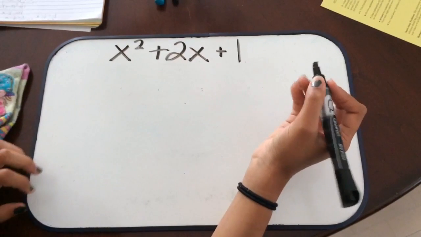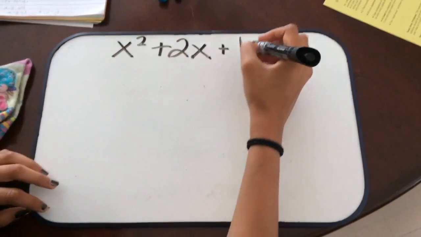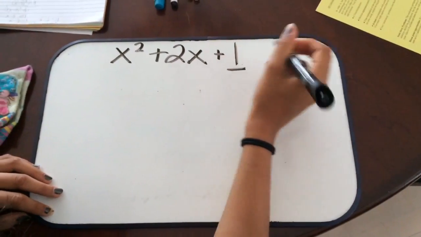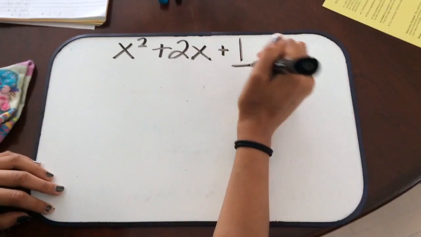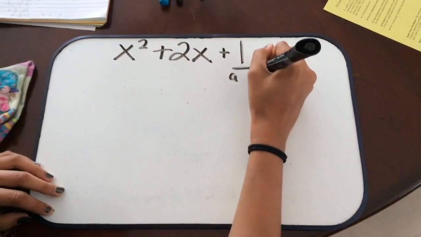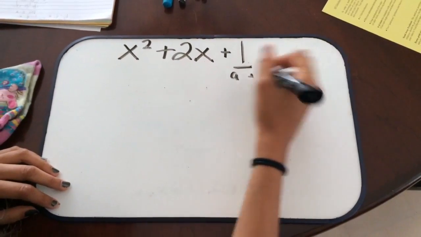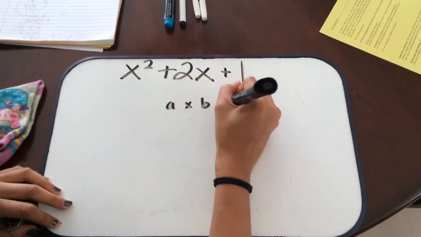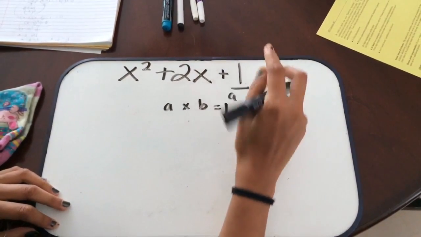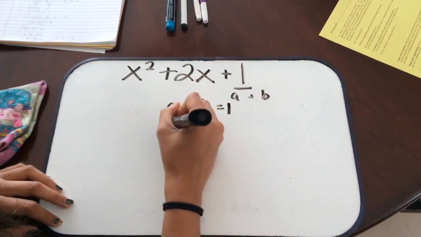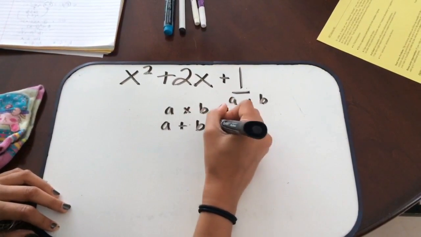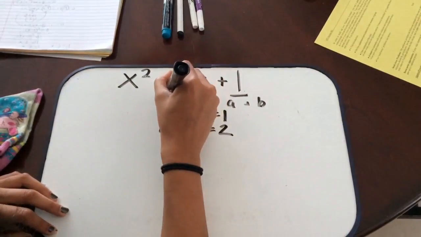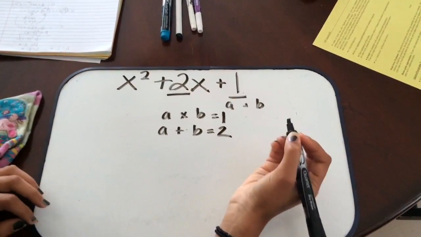So this is just normal factoring. What you do is, for any two factors of this number, a and b, a times b will equal 1 because they're its factors, and then a plus b should equal 2, the coefficient of the middle term.